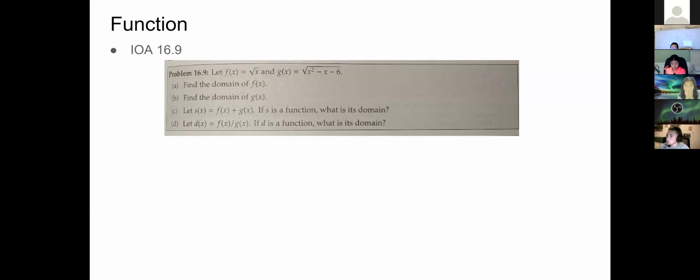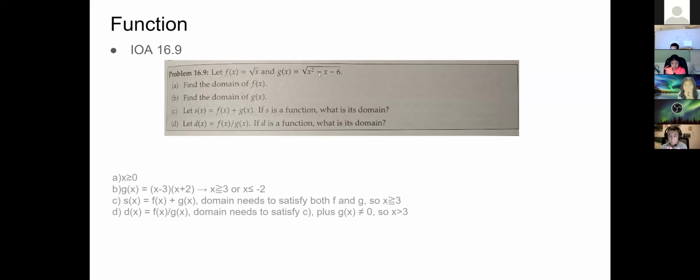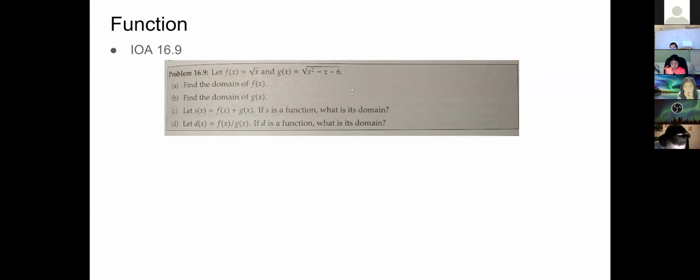So first, for B, I plugged it in. The critical value has to be 6, because 0 is the least value that can be square rooted. So x squared minus x has to be greater than or equal to 6.